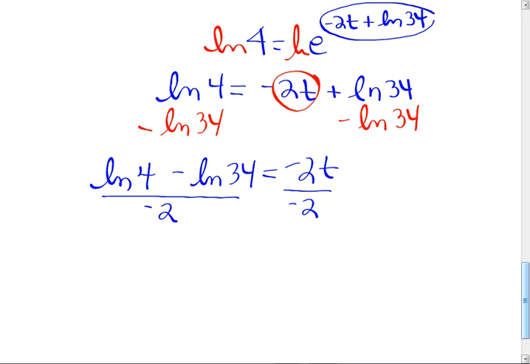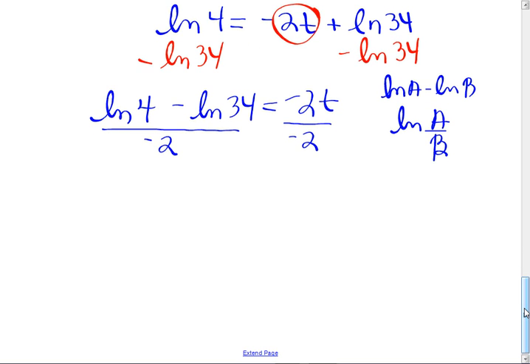Can you simplify the log of 4 minus the log of 34? Do you remember the log of A minus the log of B is the log of A over B? So it's negative 1/2 times the log of 4 over 34 equals t.